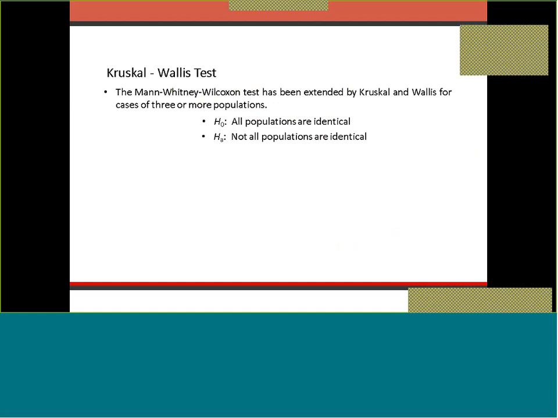Means we are comparing three or more populations in Kruskal-Wallis test. So we want to check whether three or more populations are identical or not. So that's why Kruskal-Wallis test can be treated as a generalization of the Mann-Whitney-Wilcoxon test.